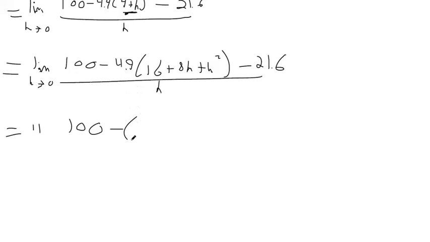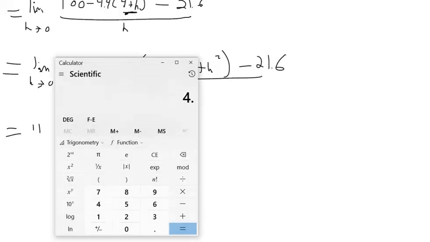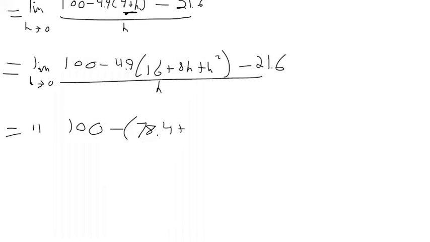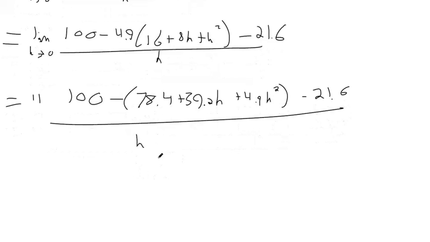I'm going to protect this all with parentheses because the whole thing needs to be subtracted. 78.4 plus 4.9 times 8, that's 39.2, plus 4.9h squared. So I distribute that into the parentheses. And then still the limit.